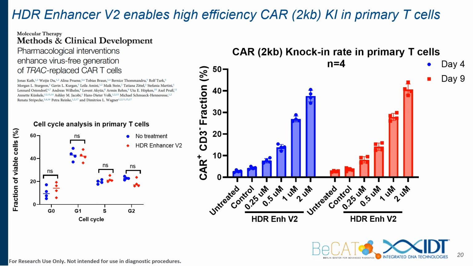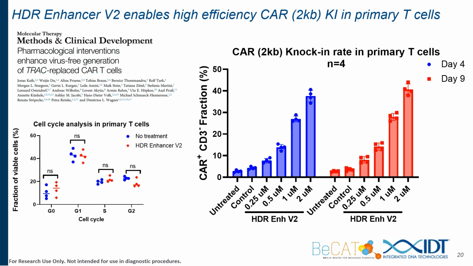So we saw about a 10-fold increase in the rate of CAR insertion with 4 different biological replicates here. And that's the graph on the right, with the blue bars representing a measurement taken at day 4 and the red being measurements at day 9.